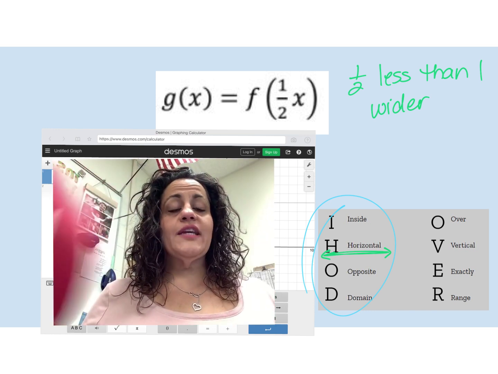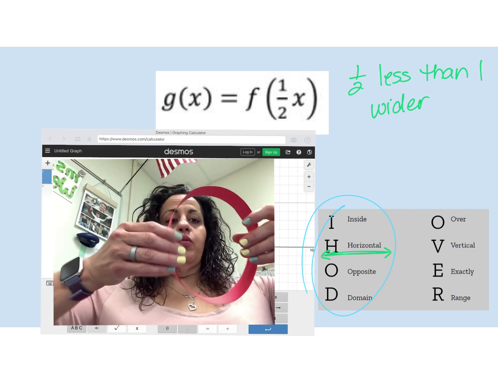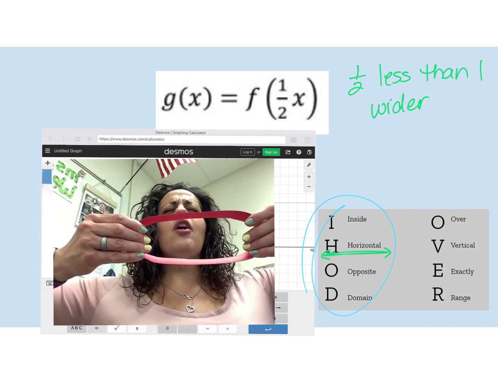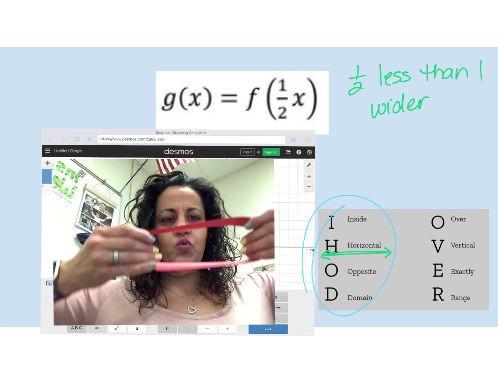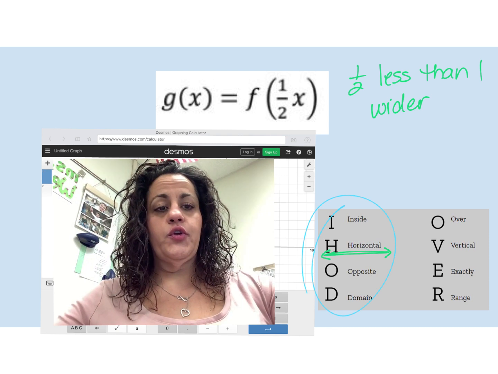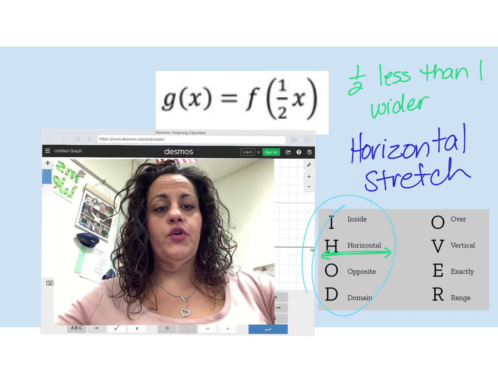So because we want it to get wider, we're holding it horizontally. So in this case, it's a horizontal stretch because we're stretching that parabola out in order to make it wider. So then in this case, we would call this a horizontal stretch. Notice I told you at the beginning these were tricky.